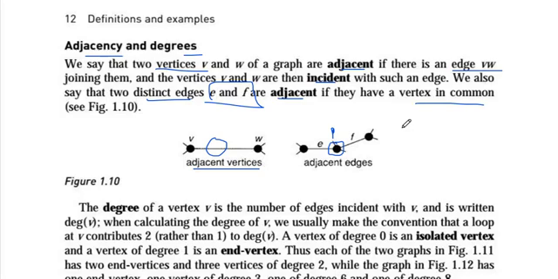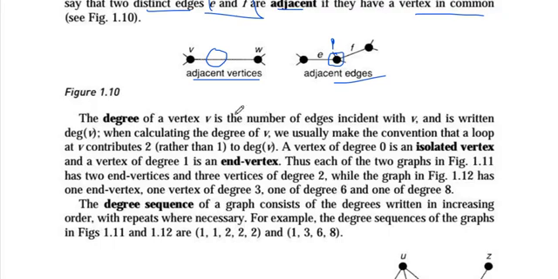Adjacent means nearer vertices or nearer edges. Nearer vertices means they have a common edge joining them, and adjacent edges means one vertex is common between two edges. Then we discussed how to calculate the degree of a vertex.